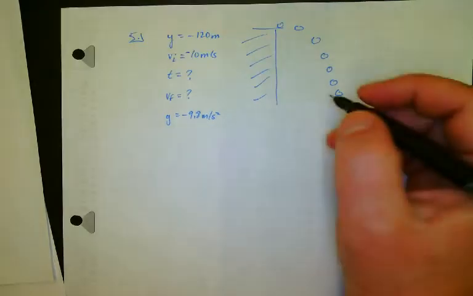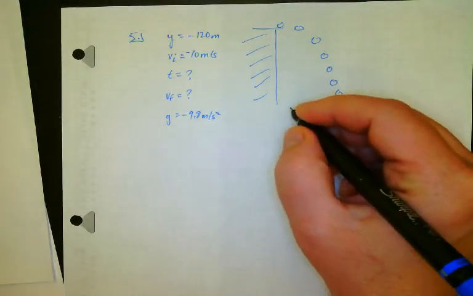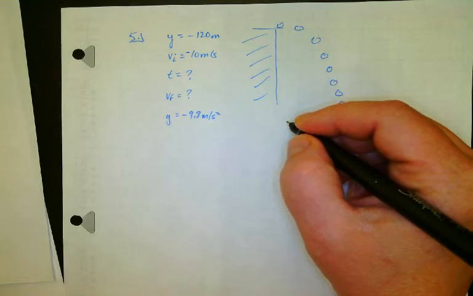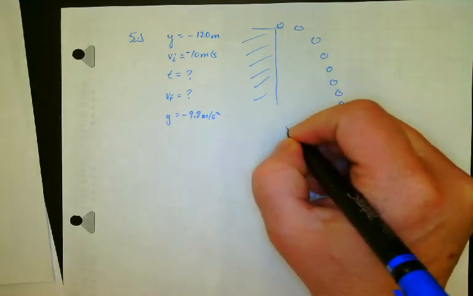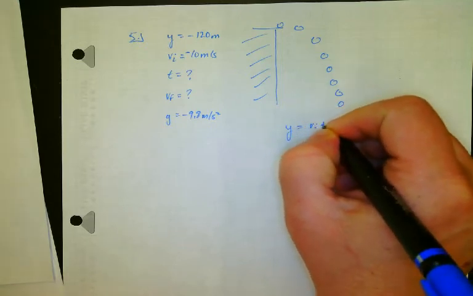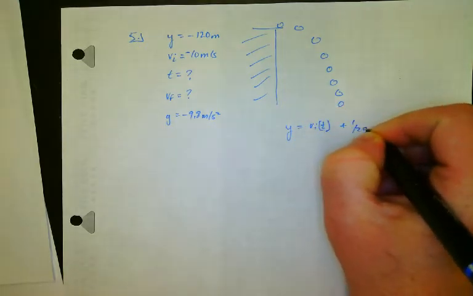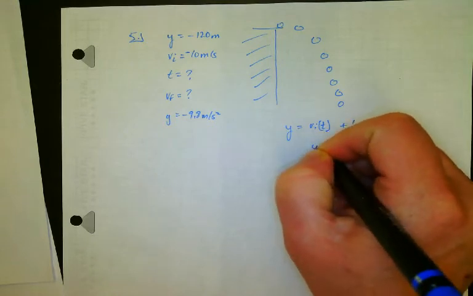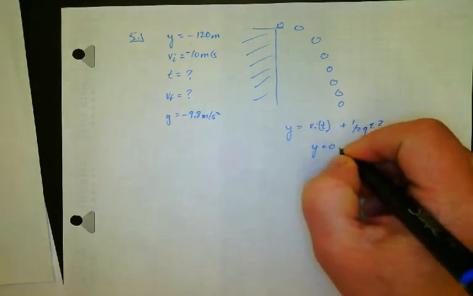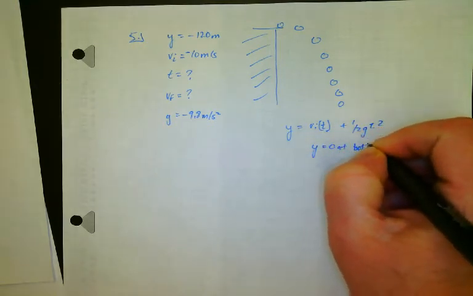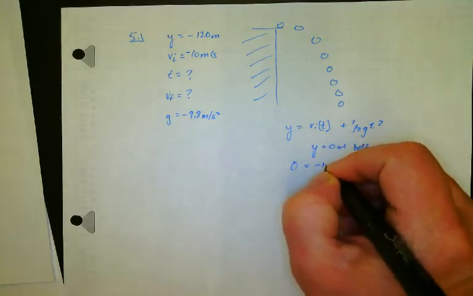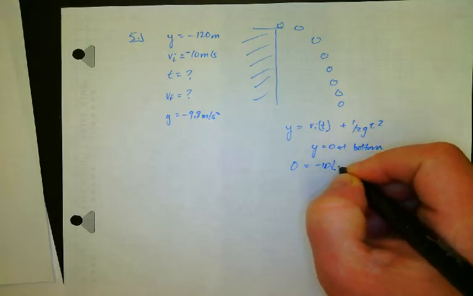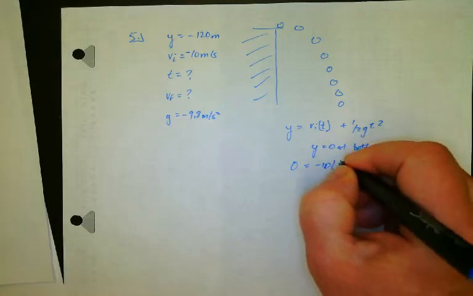Since I don't have VF, I'm going to have to use that route. I'm going to assume that y is 0 at the bottom, so I'm going to put 0 there. My initial velocity is negative 10. We have t.